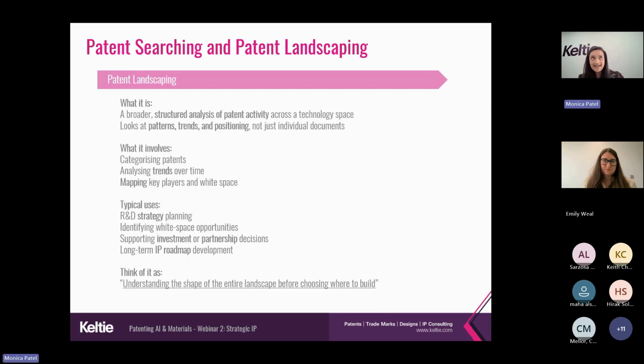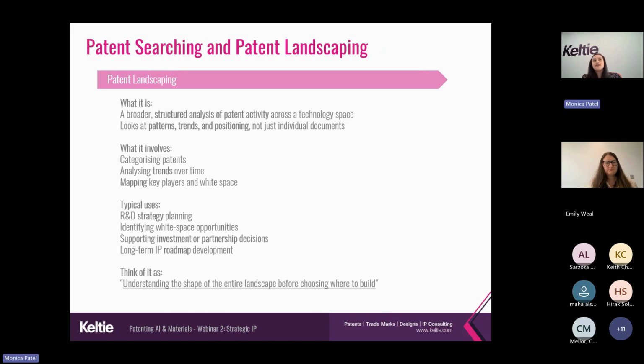So onto patent landscaping. Patent landscaping is quite different in that it involves a broader analysis of patent activity across a certain technology space. So instead of looking at individual patent documents, it looks at patterns, trends, and positioning within that technology space.